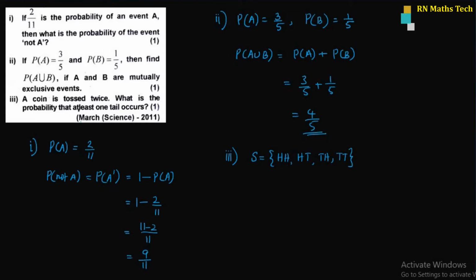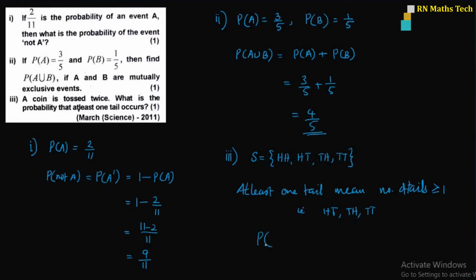The probability of at least one tail means the number of tails is greater than or equal to 1, that is HT, TH and TT.